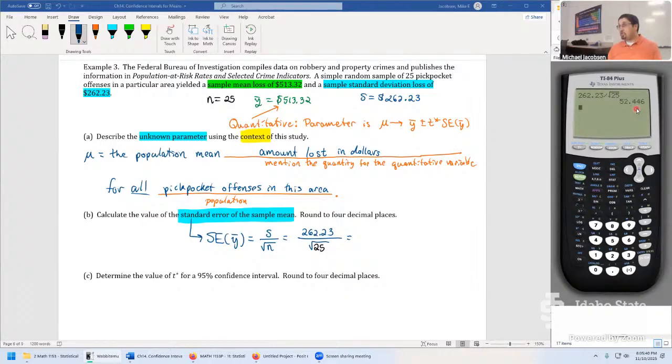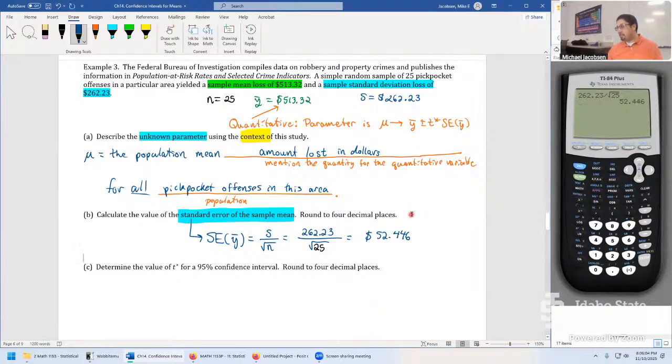This is the approximation of the population's standard deviation, but this is another approximation on top of the first approximation, Y bar. But nonetheless, we've got a number. This would have the same unit as the data. So in dollars, 52.446. We didn't have to round on this one, so to 4 places didn't have a lot of meaning this time.